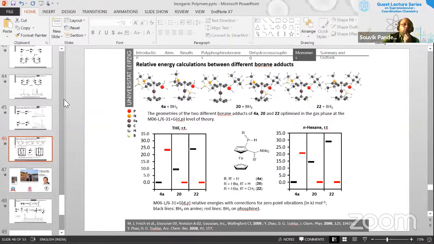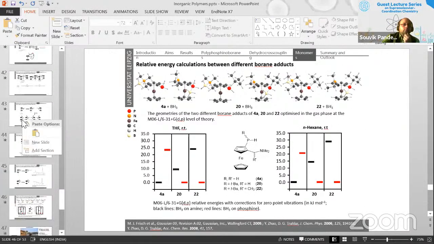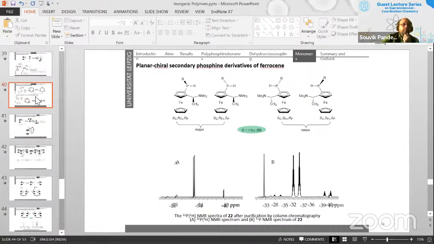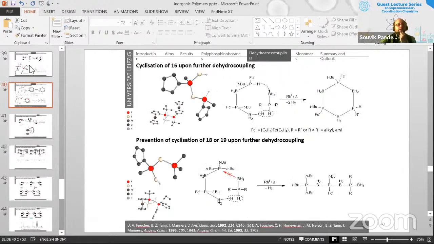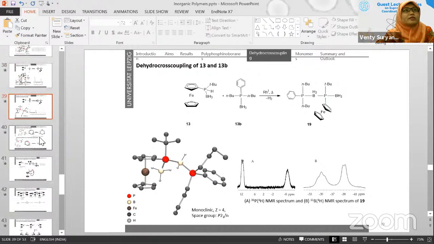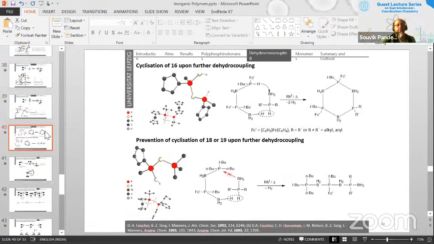I think you wanted to mean which compound? Let's check. This structure, or this structure? Bring closer. This one? Yeah, this one.